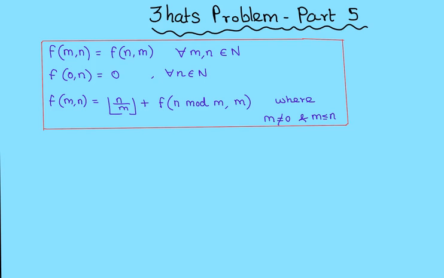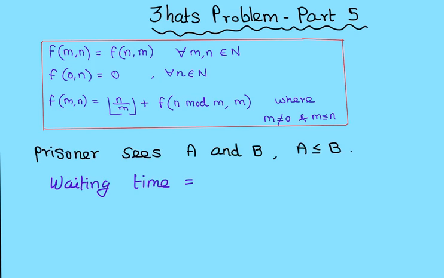Suppose the prisoner sees the numbers a and b with a less than or equal to b, then his waiting time is simply f of a comma b minus a. To illustrate, if the person sees 62 and 89, his waiting time is f of 62 comma 89 minus 62, which is f of 62 comma 27.